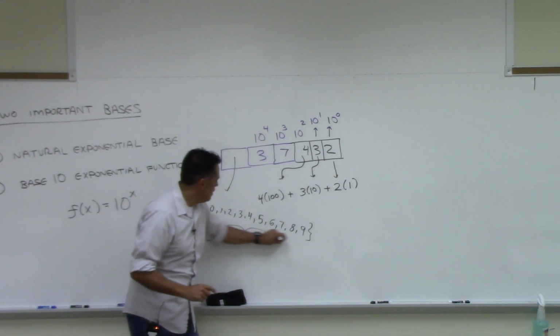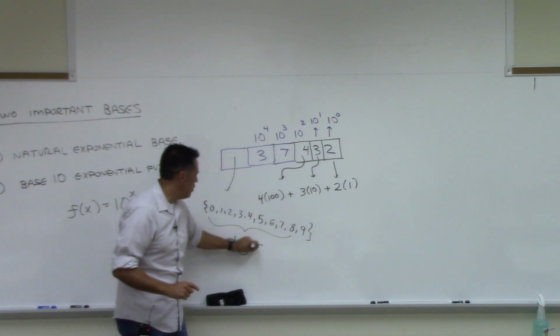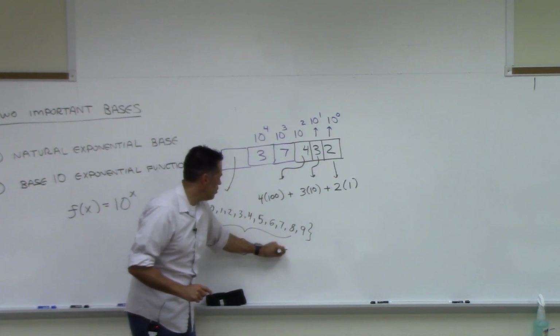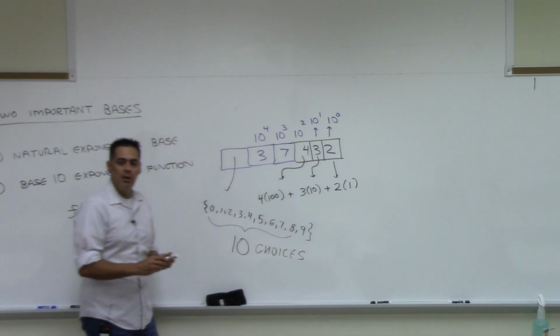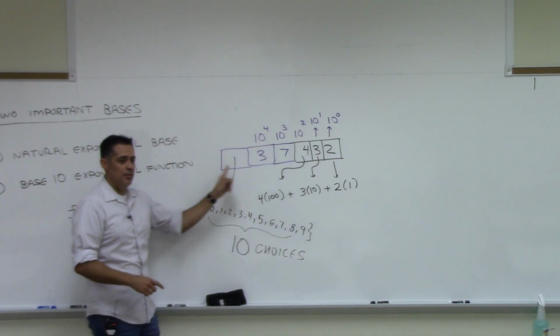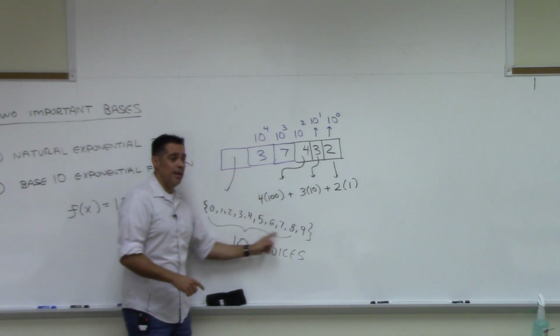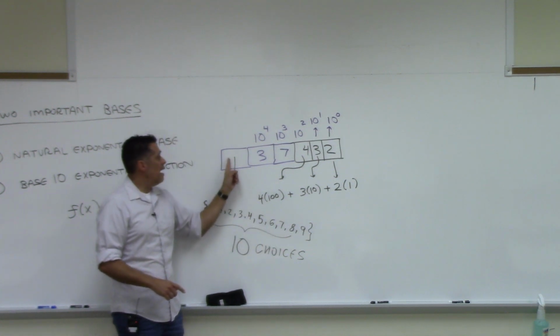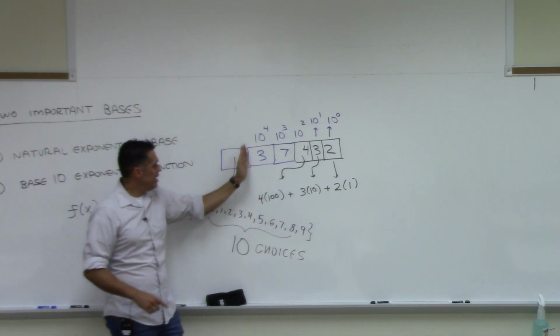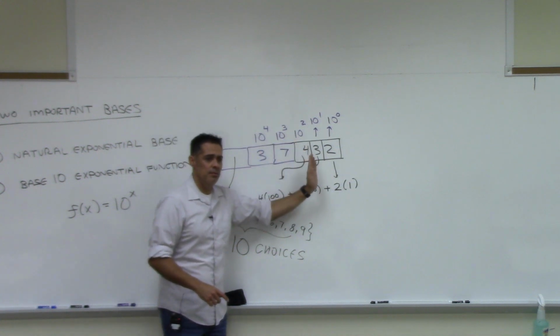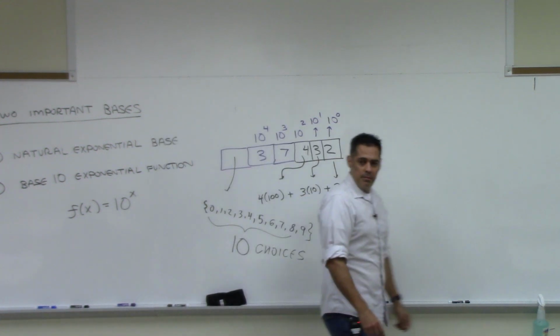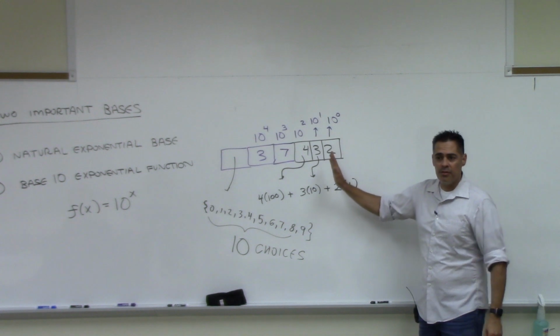There are 10 choices. You have 10 choices on what to plug in to that digit. And whatever digit you plug in from here, that would be how many 10 to the fifths you have. Each one of these you have 10 options.